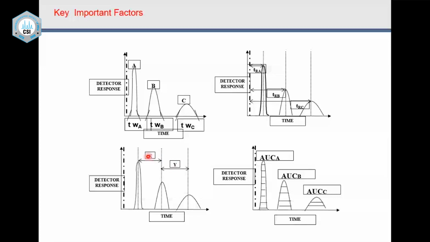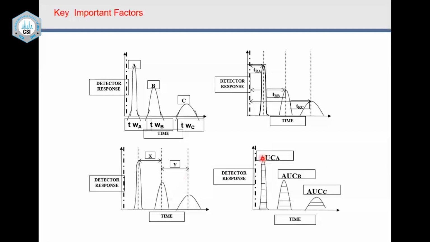Whatever number of peaks you have in your chromatogram, all of them should get resolved with a resolution factor of 1.5 between the adjacent peaks. Of course, this and this will definitely get resolved with much more than 1.5. But what is more important to us is that 2 adjacent peaks should get well resolved. Okay, so this resolution is very important.